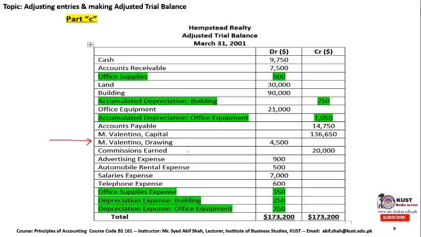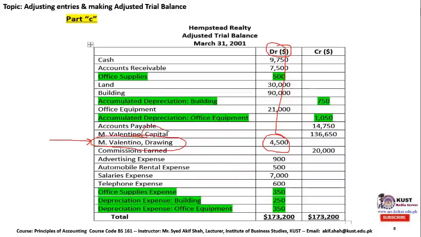So M. Valentino Drawing has a balance in the debit column. As we can see, this is a debit column. So in order to close down this account, we have to give this title a credit entry in the closing entry. And which account will have a debit in the closing entry?